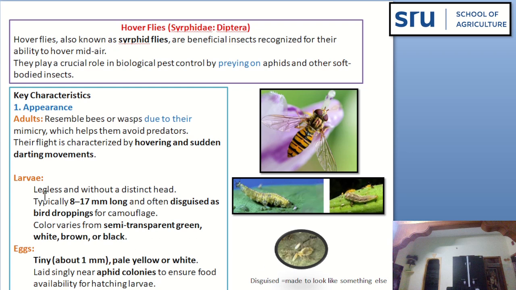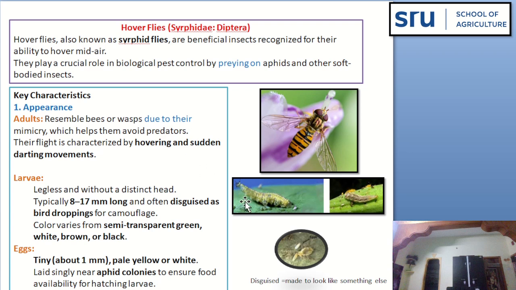See key characteristics. Adults resemble a bee or a wasp. Due to their mimicry, they get protection from predators. Their flight is characterized by hovering and sudden darting movements. They hover and then show sudden darting movements.